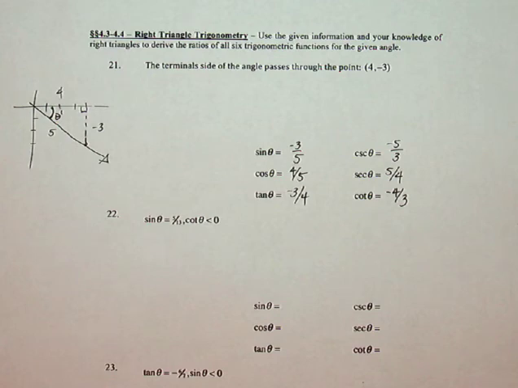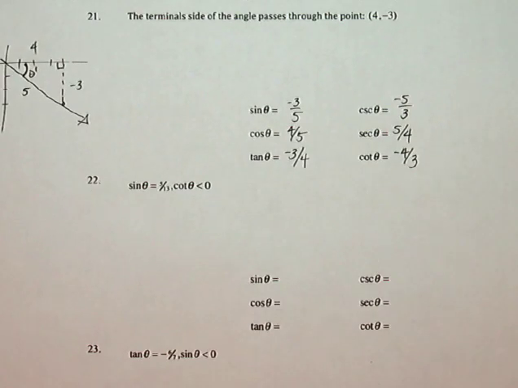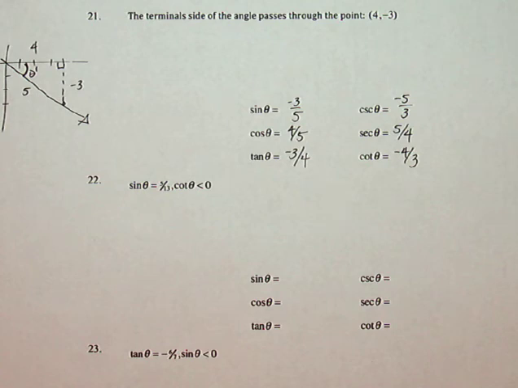All right, let's move on to 22. Let me zoom in again. Sine theta is equal to 5 over 13. We know that sine is opposite over hypotenuse. The hypotenuse is always positive, so we need to figure out where the opposite side is positive.